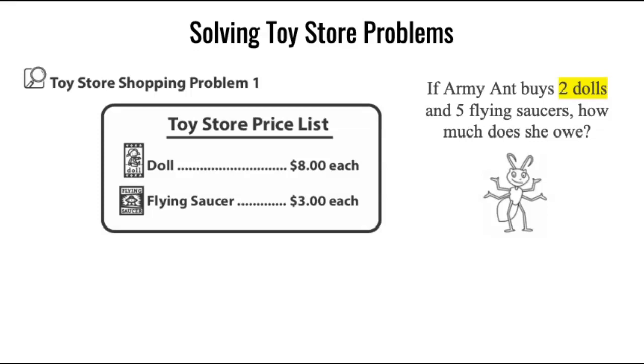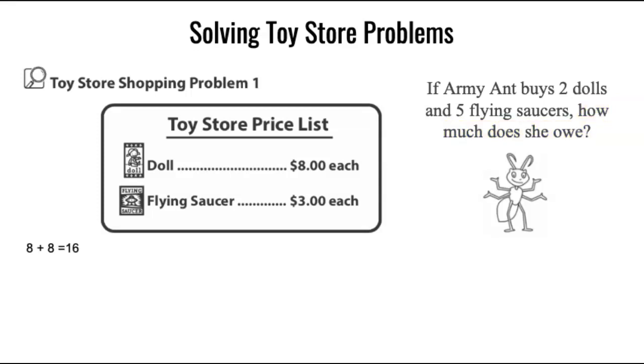First, there are multiple steps to this problem. So first I need to know how much 2 dolls cost and how much 5 flying saucers cost. And then we need to find out how much Army Ant owes altogether. So I have to do 2 things first.